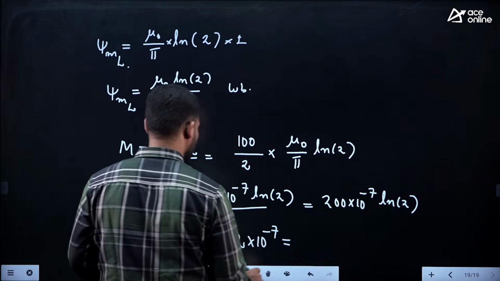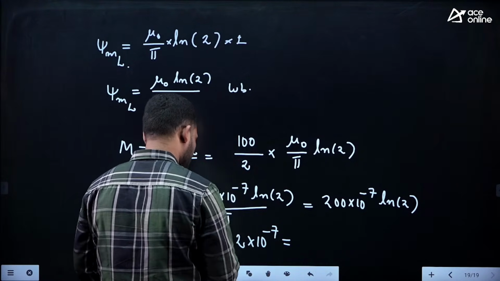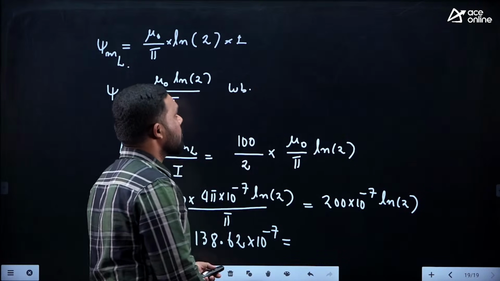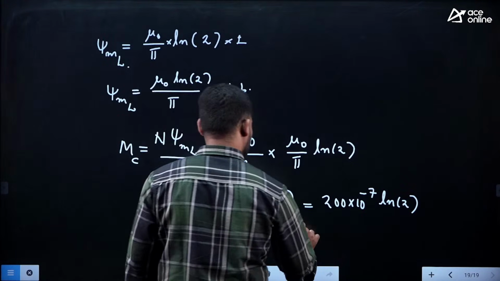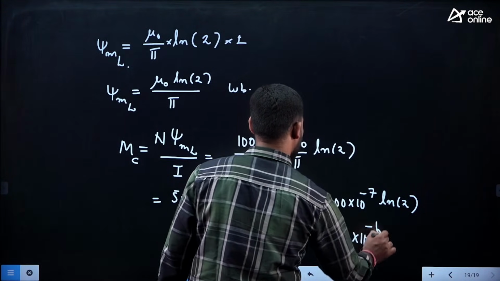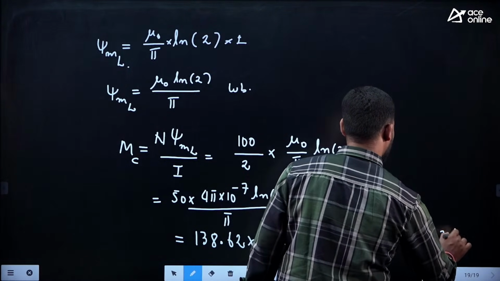Is it asking in milli or micro? It is asking in micro. So it is 13.862 into 10 to the power of minus 6, which is 13.862 micro Henry.